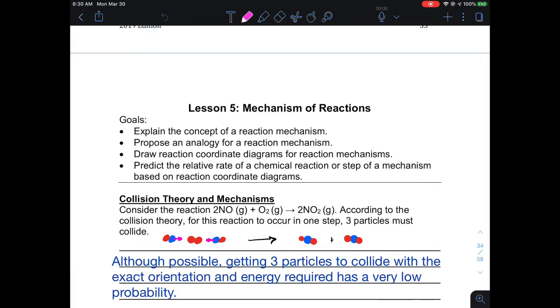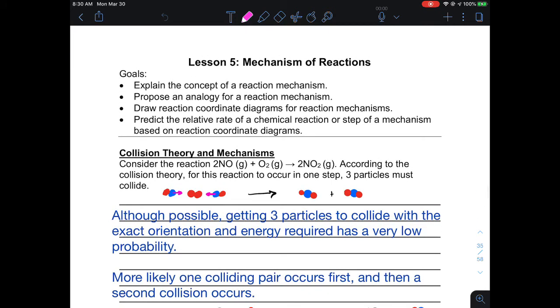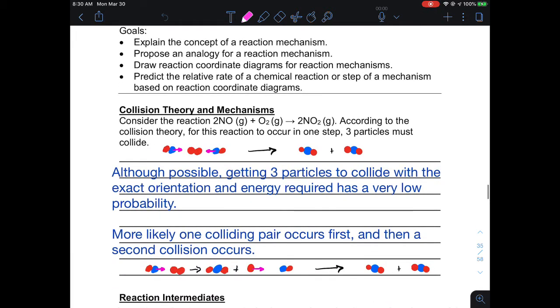So this idea is that because collision theory requires particles to collide with the correct orientation, this correct orientation requirement means that reactions that have more than two particles are going to be very unfavorable.